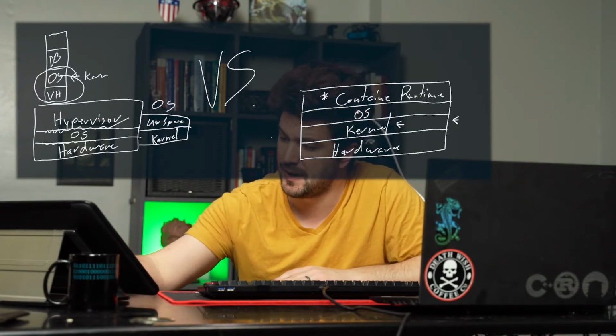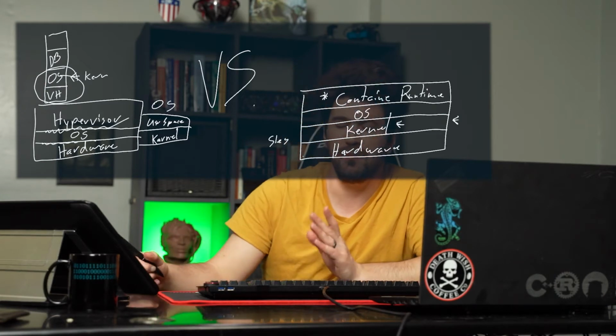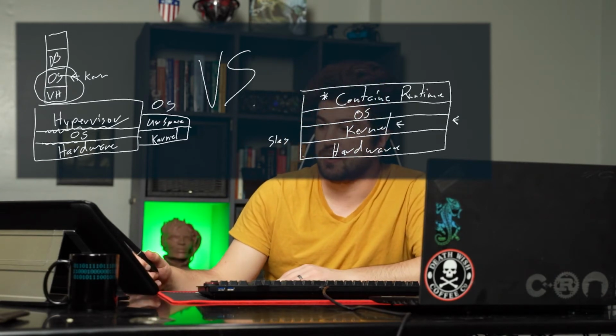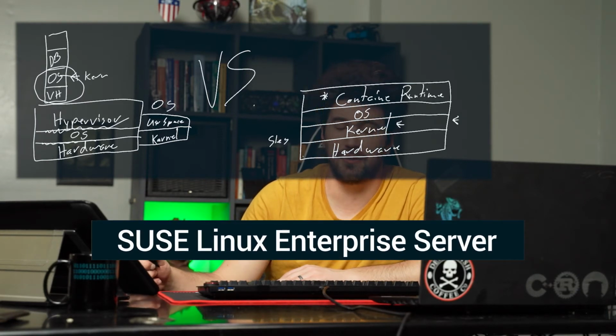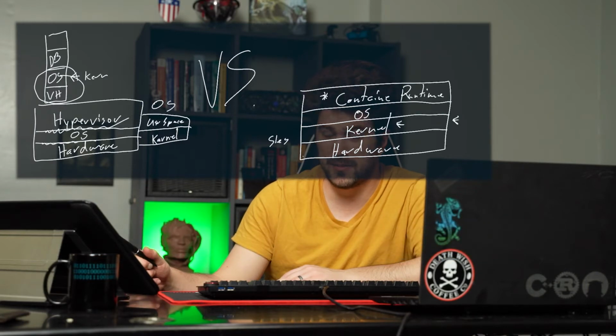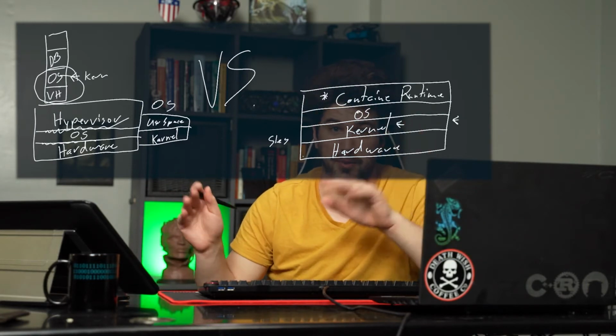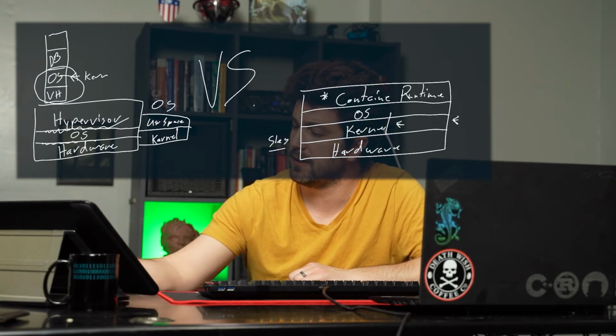So let's say this OS down here is SUSE Linux Enterprise, SLES. I don't know what it stands for. SUSE Linux Enterprise Systems, anyways, I'll figure that out and I'll post it up here. All right, so here we go. SLES is right here.